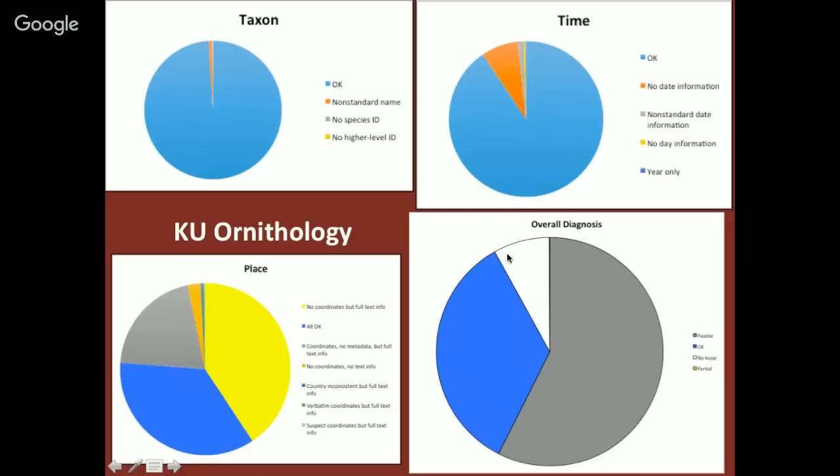So for that white section of the pie, I cannot get a full time, taxon, and place biodiversity data record together because two or three of those three are lacking. And then the very interesting point is all of this gray segment is fixable. Those are data records where, with a little bit of work or a lot of work, we can get a georeference, a time, and a place.